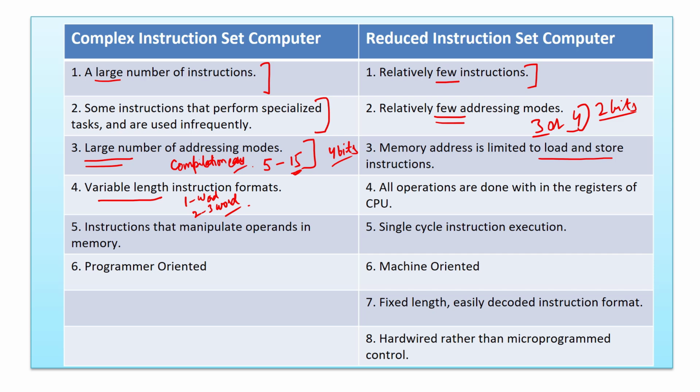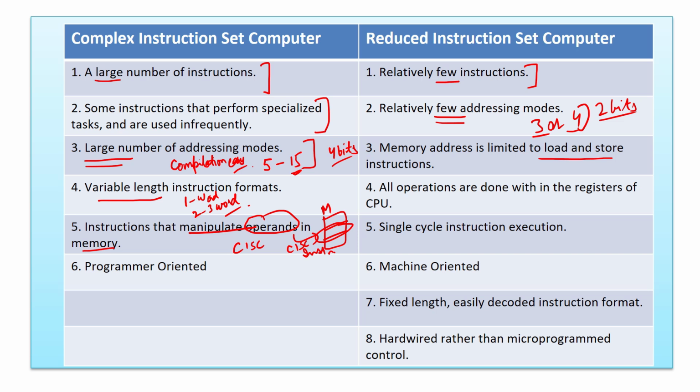Instructions that can manipulate operands in the memory are possible in CISC only. So we can directly manipulate the operand in the memory. This memory location can be directly manipulated by using the CISC instruction. Whereas in the RISC system we cannot directly access the memory.